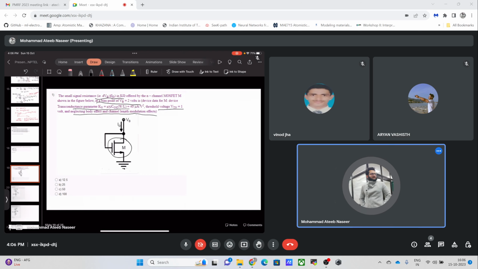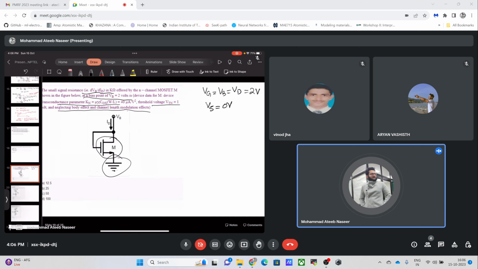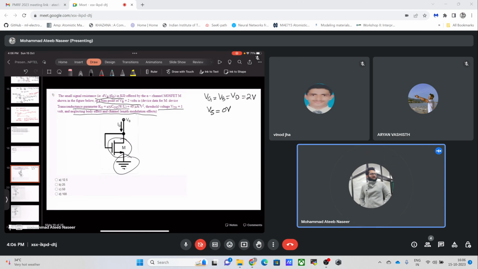So let us check the MOSFET operation first. VG is equal to VB is equal to VD, which is equal to 2 volts simply. VS is equal to 0 volts since it is grounded. So VGS is equal to 2 volts and VDS is equal to 2 volts as well, and VGS minus VTH is 1 simply. So VDS is greater than VGS minus VTN in this case.